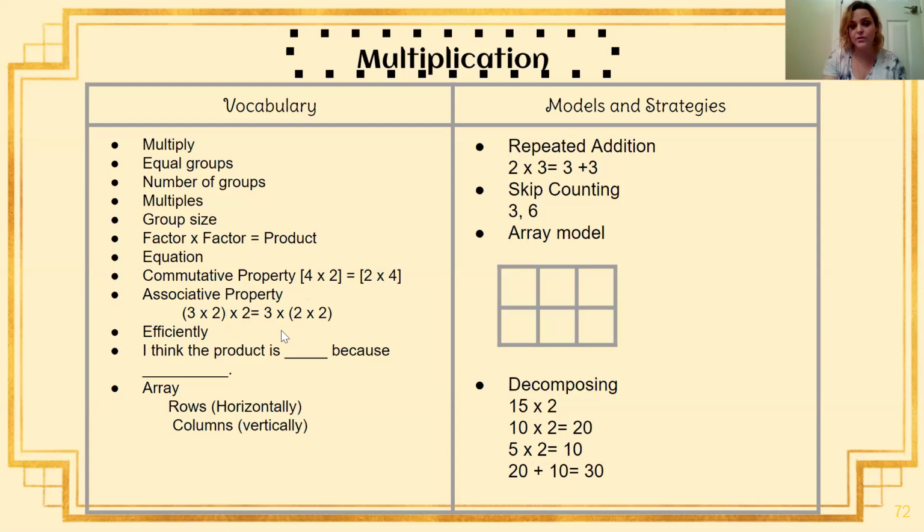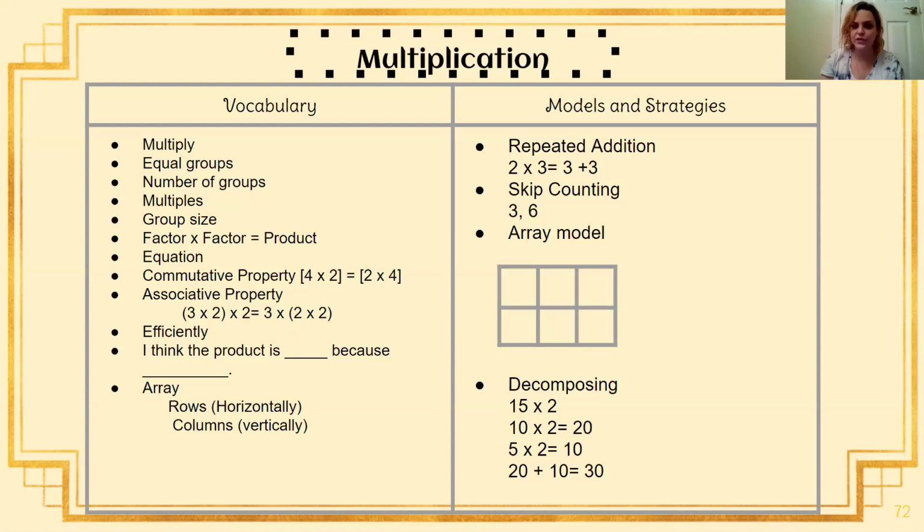Or maybe I'll start by multiplying 2 times 2, and that gives me 4. Then I multiply that by 3, that gives me 12. So again, that's associative property. It doesn't matter what numbers are in parentheses first. You can multiply it regardless.